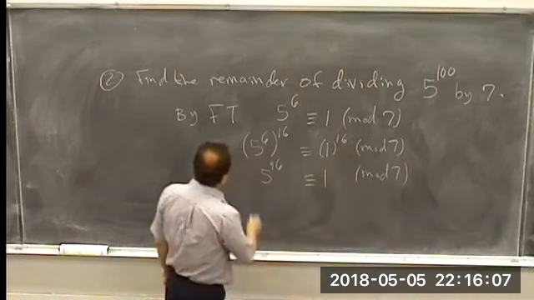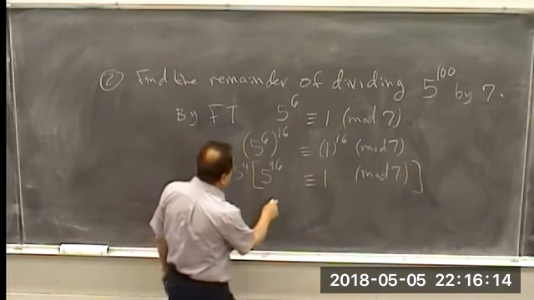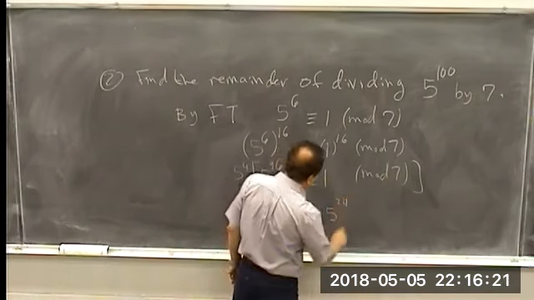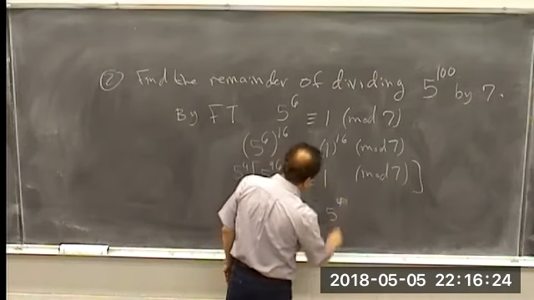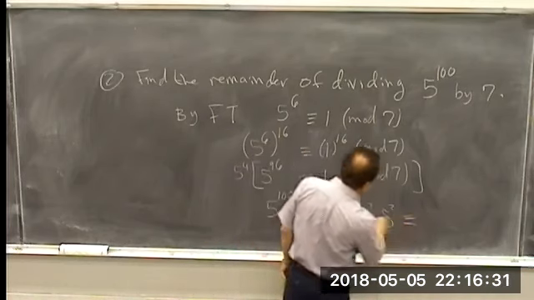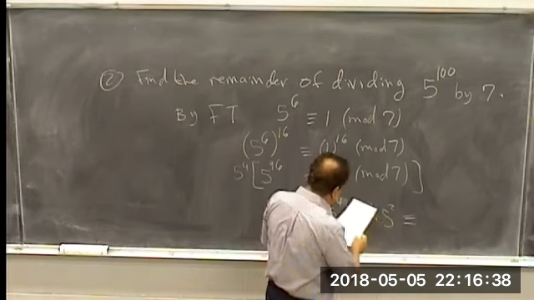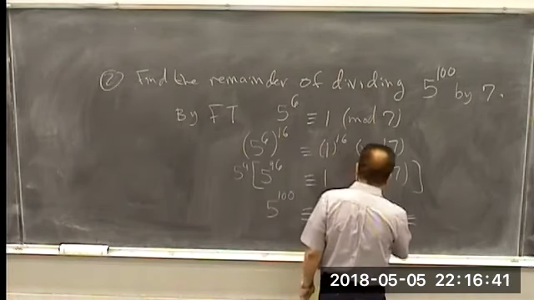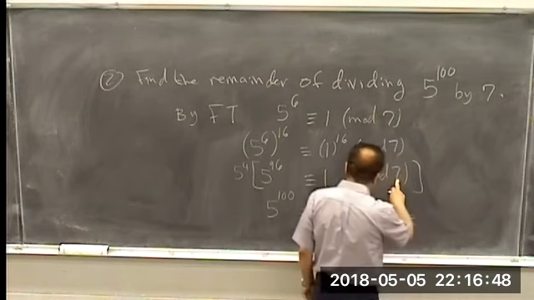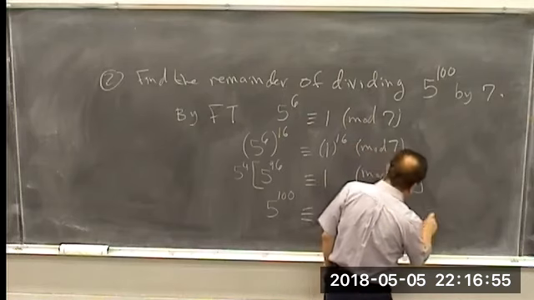Again, we can multiply this by 5 to the 4th. So we get here what we want, 5 to the 100 on the left. Even 5 to the 4th I can write as 5 squared times 5 squared, and reduce each one mod 7. 25 mod 7: subtract 21, so we're left with 4.